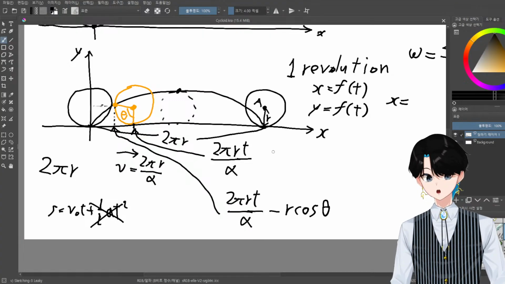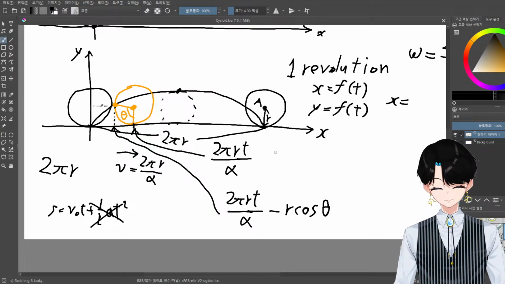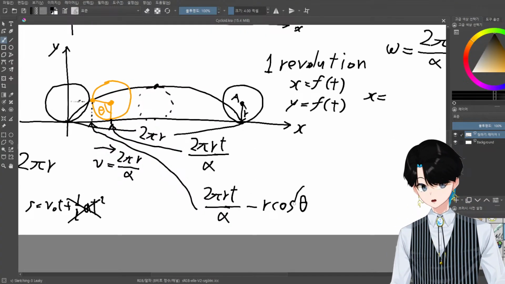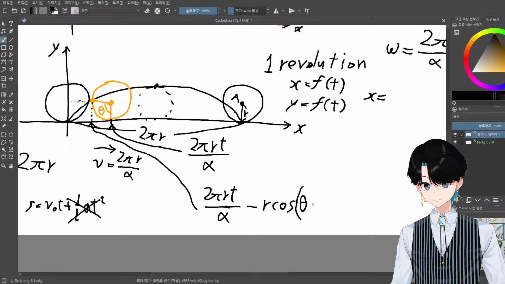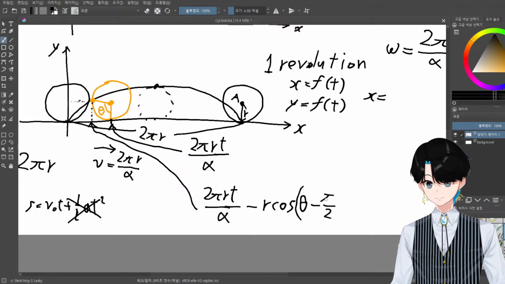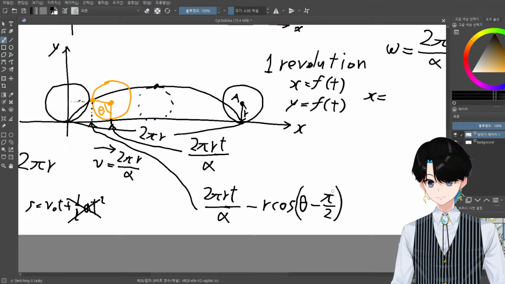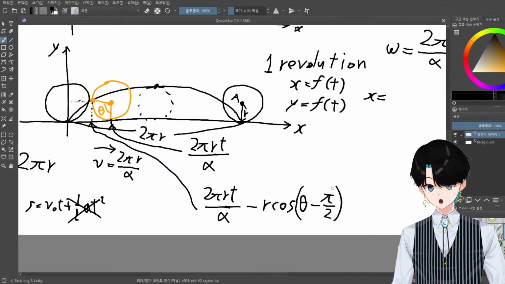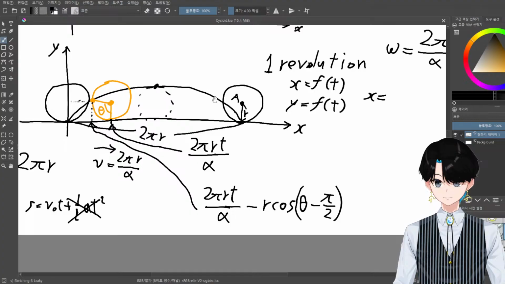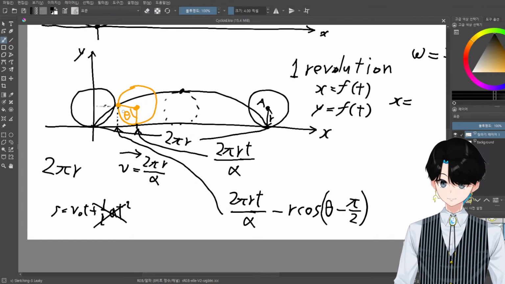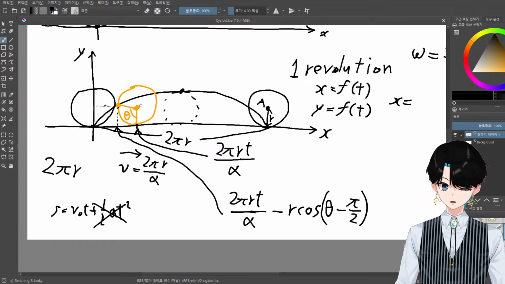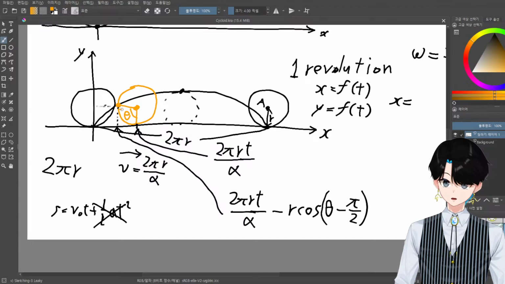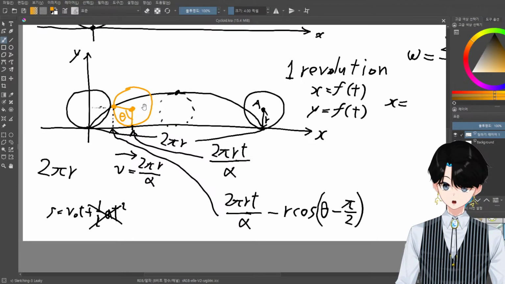No, cosine of theta minus 2 pi over 2. Okay, theta minus pi over 2 would be, Jesus. Yeah.